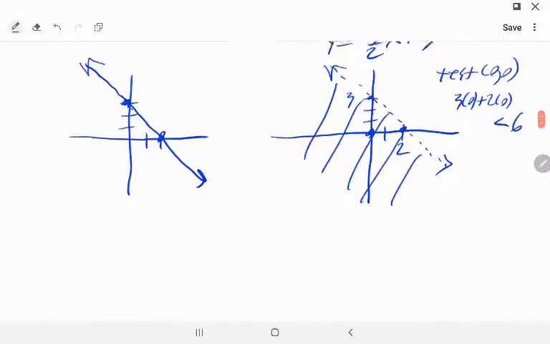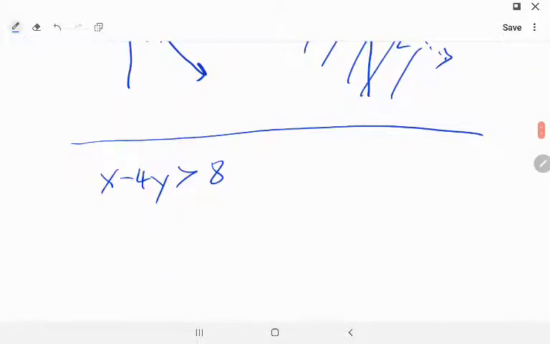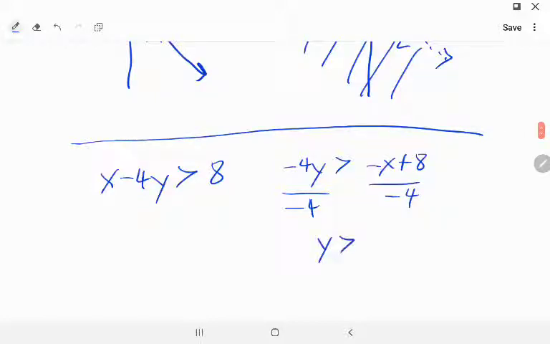If, on the other hand, we had something like x minus 4y is greater than 8, we notice now we would look at negative 4y is greater than negative x plus 8. We would divide by negative 4. y would be greater than 1/4 x minus 2.